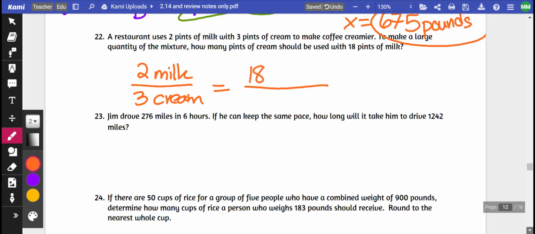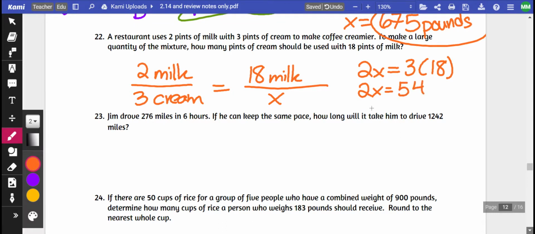We have 18 of milk, and we want to know how many we'll have of cream. So I'm going to cross multiply. That's going to be 2x equals 3 times 18. 3 times 18 is 54. Divide both sides by 2, and I get 27 pints of cream.